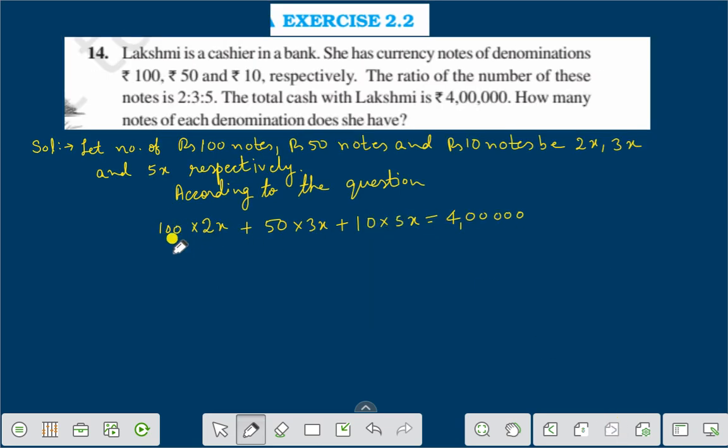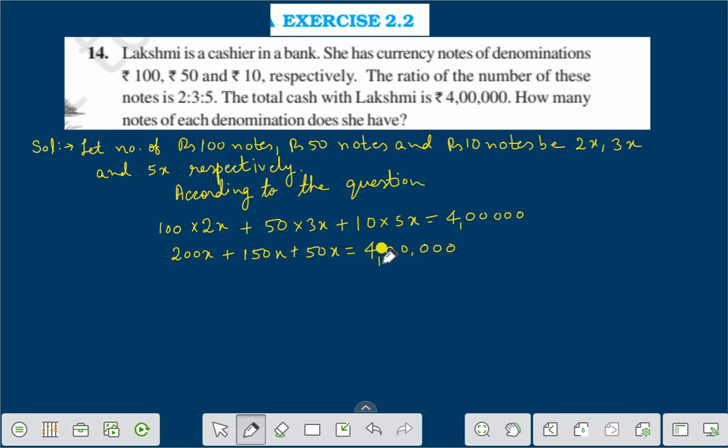Now 2 into 100 is 200x, plus 3 into 50 is 150x, plus 5 into 10 is 50x, is equal to 4 lakh, that is 400000.